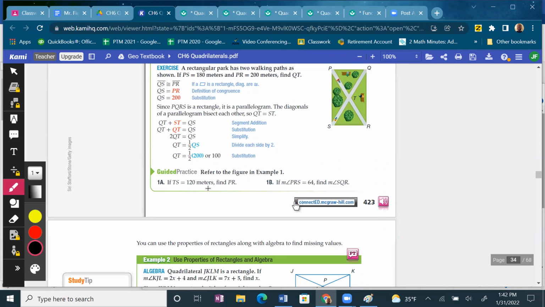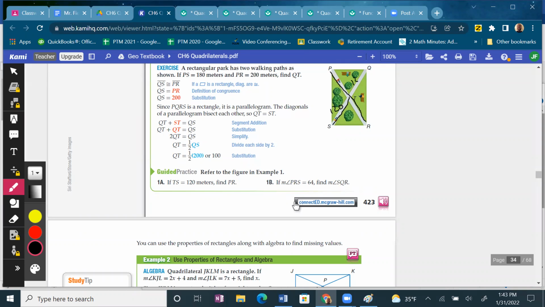So TS equals 120. Find PR. TS is 120. So then what is PR? Okay, you might say, okay, that's 120. But we know that diagonals bisect each other in a parallelogram, so they bisect each other in a rectangle.